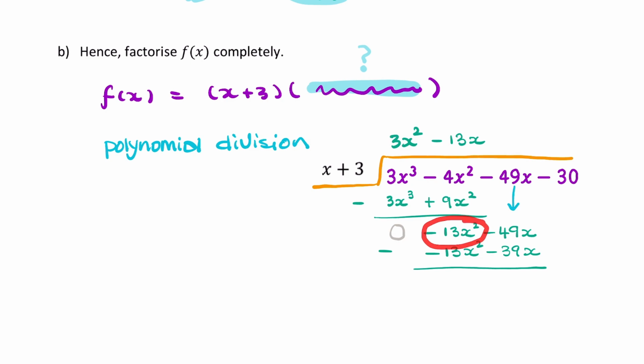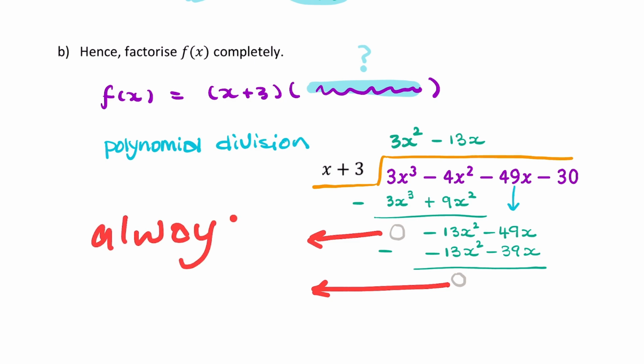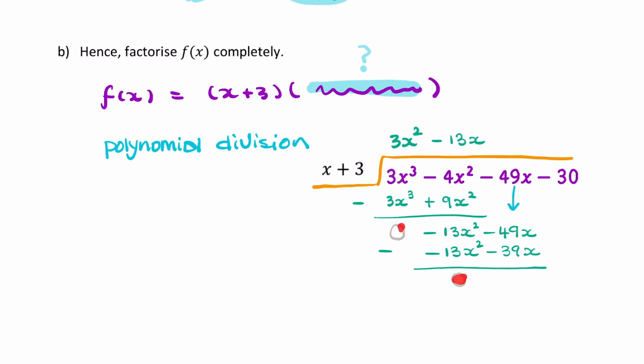So minus 13x squared minus negative 13x squared becomes plus, and that's going to give me 0. We always expect this first term to be 0, because if it isn't 0, it means we chose the wrong term up here. So the first term will be 0, but minus 49 minus 39 will give me negative 10x.